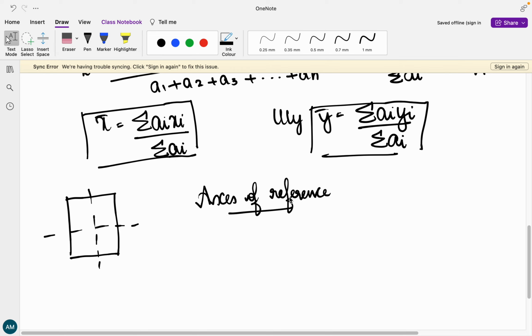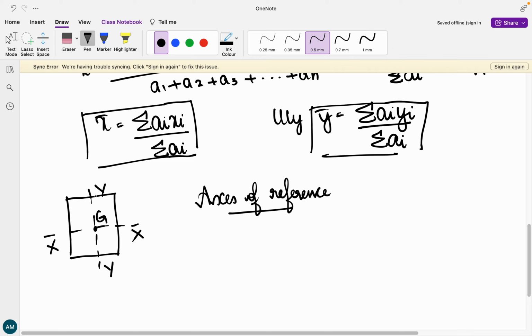The axes that are going to be there, if it passes through your centroid, or if it is with respect to your centroid, then it becomes a centroidal axis. Now over here, the centroid is present over here. So let me call these XX and YY.